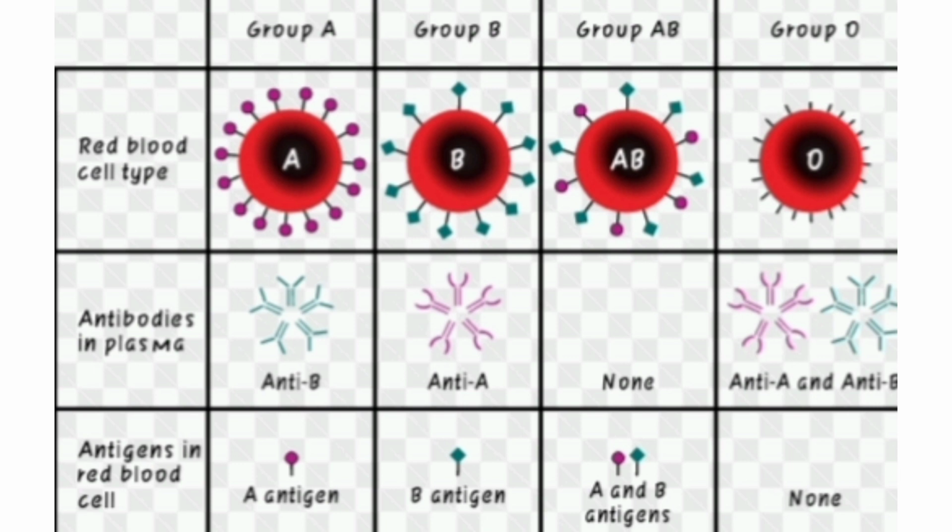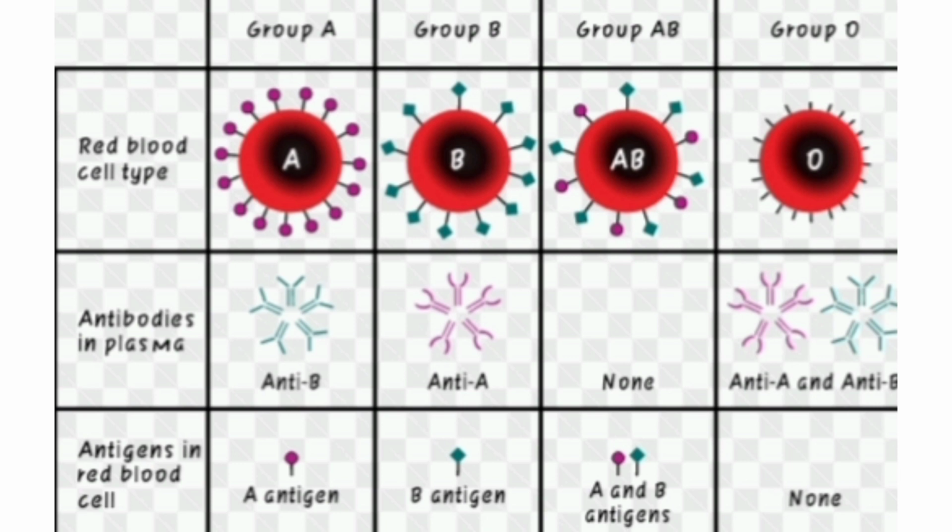Depending upon the type of antigen present in RBC and the type of antibodies present in plasma, the blood group is decided. Say for example, for an A group person, in plasma antibody B is present, and in RBC antigen A is present. So clear students?